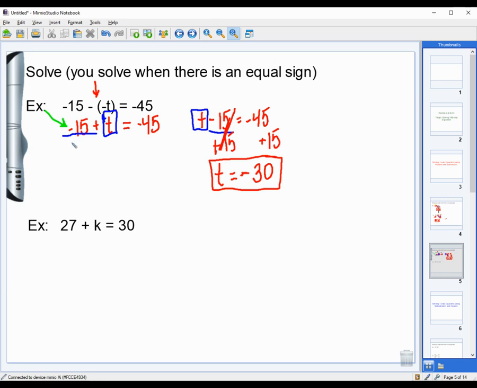So anytime we see a negative and we need to get that thing over to the other side, and it's either addition or subtraction, just go ahead and add that 15. Because it's negative, we're going to want to add that 15. So these will cancel, and this is still going to give us our same answer here of t is equal to negative 30.